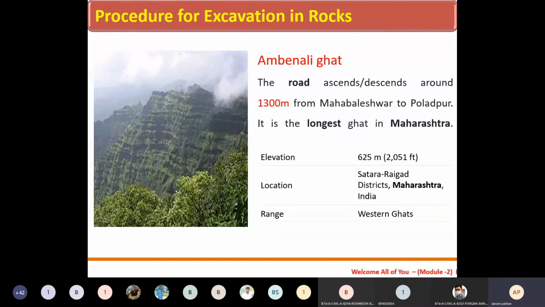Then Ambenali Ghat in Mahabaleshwar to Poladpur, 1300 meters. So while aligning roads in such hills, we require various techniques for handling such type of project.